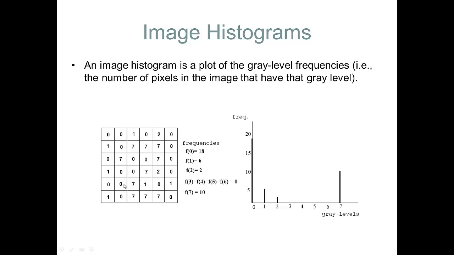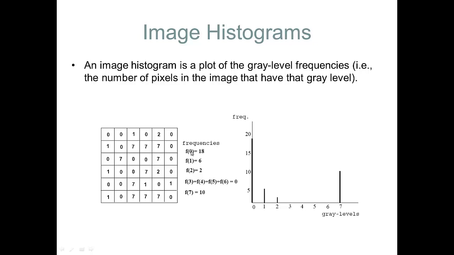For example, you have an image here. We have different gray values: 0, 2, 7, 1. You want to know how many 0s in this image, how many 2s, how many 7s. Then you get the frequency f0 equal to 18.